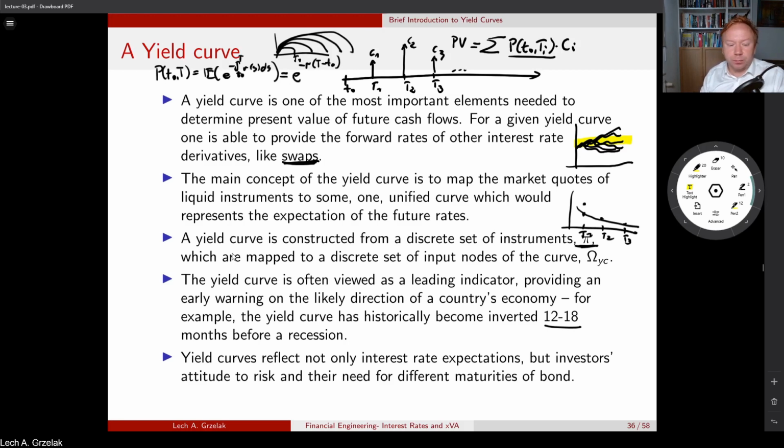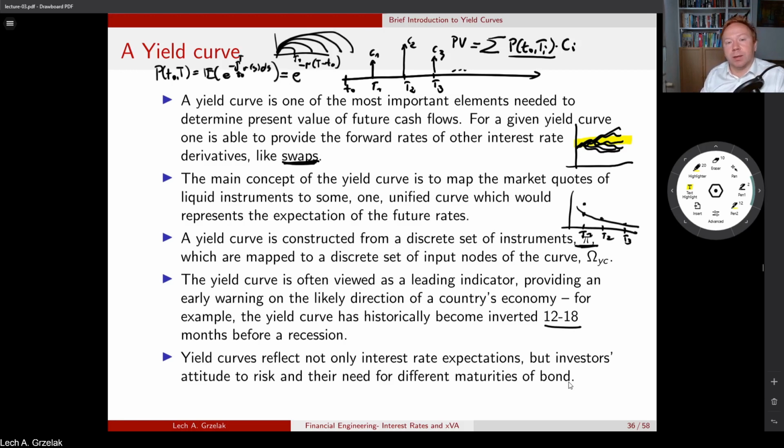The yield curve reflects not only interest rate expectations, but also investors' attitude towards risk and their needs for different maturities of the bond. So of course, if we have a crisis, typically people try to sell their assets, their stocks, and they keep cash or buy short-term bonds, because from bonds you typically get, at least maybe not in Europe, but in other countries, an overnight rate which could be non-zero.